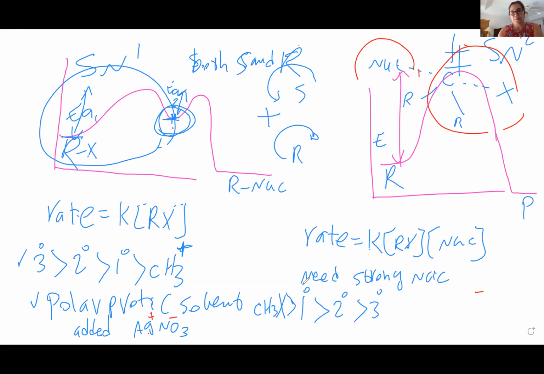What else we want to know about it is the configuration. You see, it's a back attack. When there is a back attack, the nucleophile comes in from the left side and the leaving group leaves from the right side. So basically, the priority is changing.